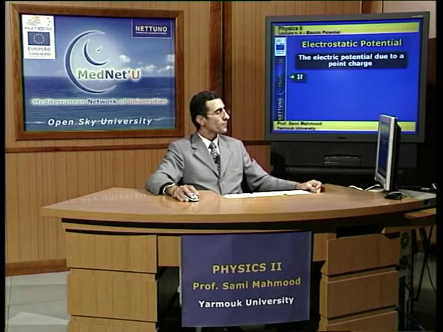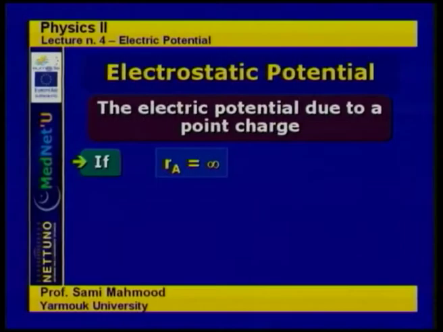And now, if we take a reference point r sub a equal to infinity, the initial position is at infinity, then V at A is equal to 0. If we are at an infinite distance from a point charge, the effect of that point charge is 0.